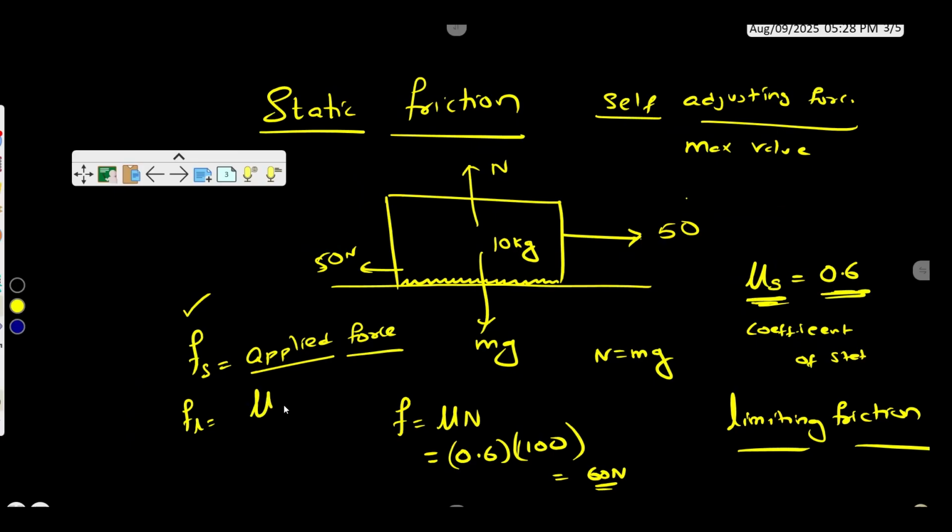We multiply mu static into normal reaction. This gives a value called limiting friction, which tells you whether the body is moving or not. Now, F kinetic: whenever the body is moving, that means your applied force is more than the limiting friction. Then we have kinetic friction, and this is a constant value. I hope you understood the difference between these three forces.